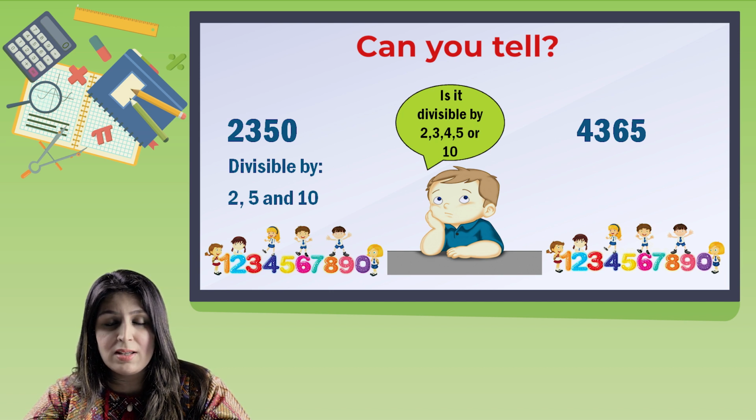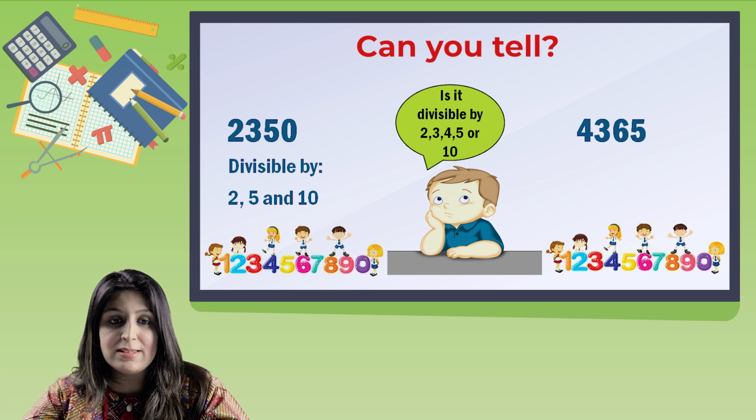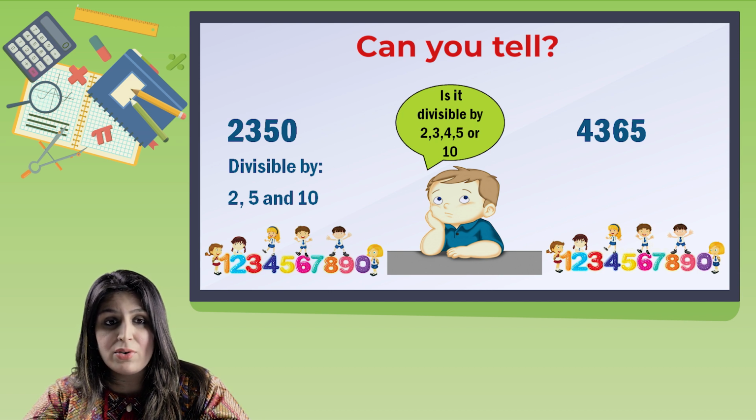Because the last digit is an even number, so it's divisible by 2. Last digit is 0, so it's also divisible by 5, because the rule of number 5 is that the last digit has to be 0 or 5. Now, for 10, the rule is that the last digit has to be 0. Again, this entire number is divisible by 2, 5 and 10.